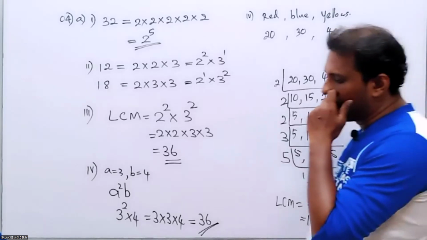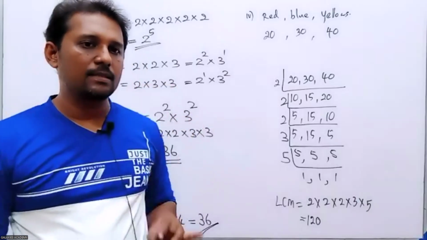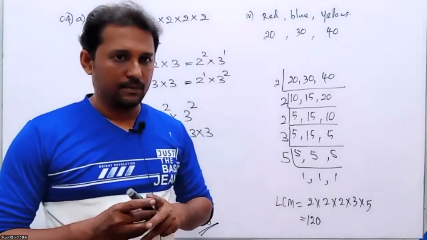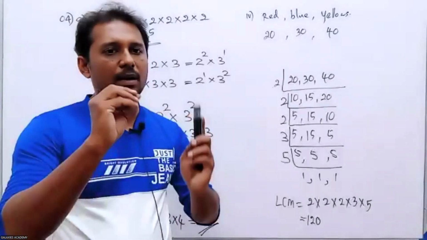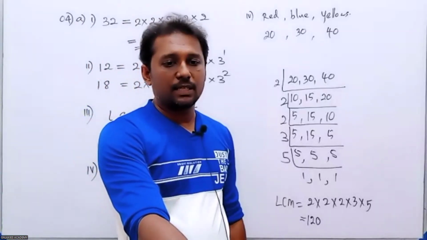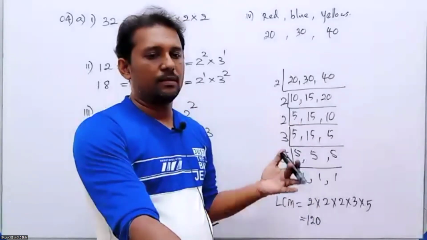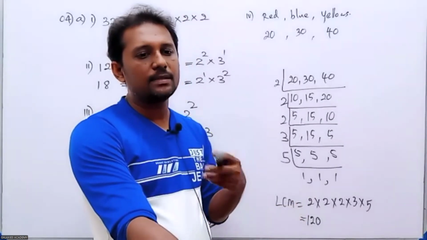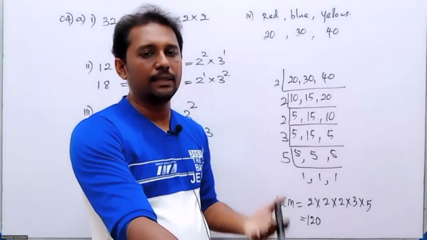So remember, every 120 seconds these three colors light together. In this question it asked, after lighting these three colors together, after how many seconds will they light together again?